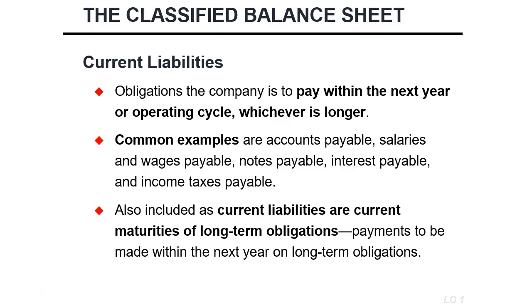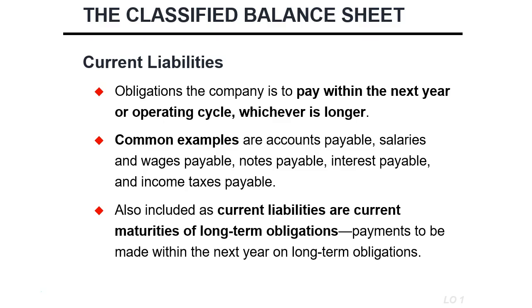So the 12 payments that are going to be due within the next year are referred to as the current maturity of a long-term obligation. So on the classified balance sheet, we're going to separate that portion that's due within 1 year from the amount that's due in a time period longer than 1 year.